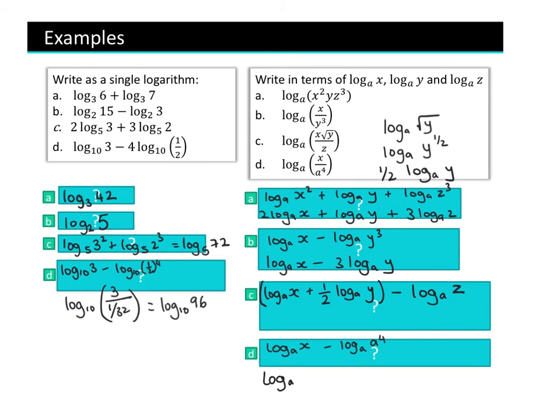This is log to the base a of x minus 4 log to the base a of a. What do we know about log to the base a of a? It equals 1. So this is in fact log to the base a of x minus 4 times 1, which is 4. Mind blown, isn't it? And incredible.